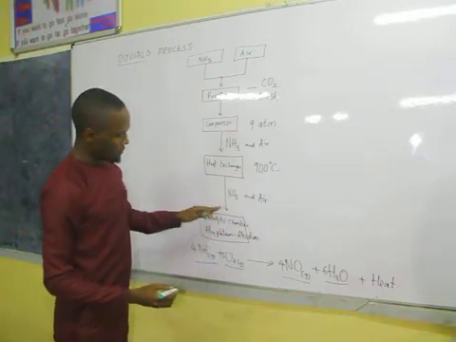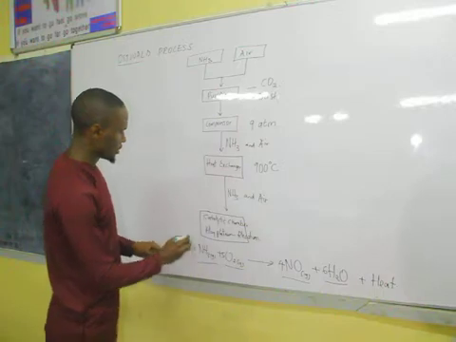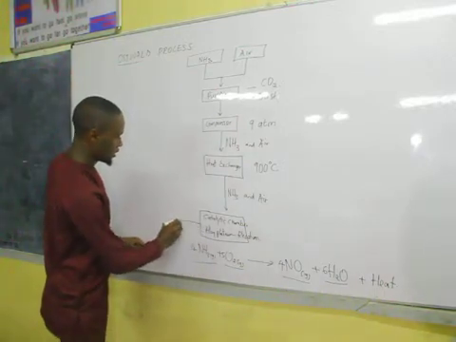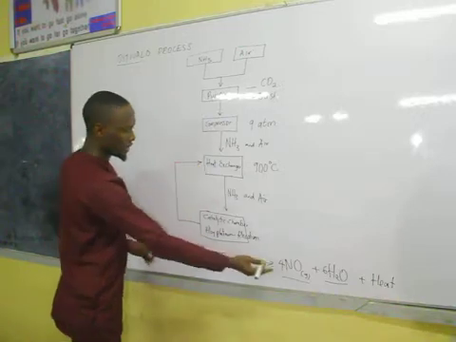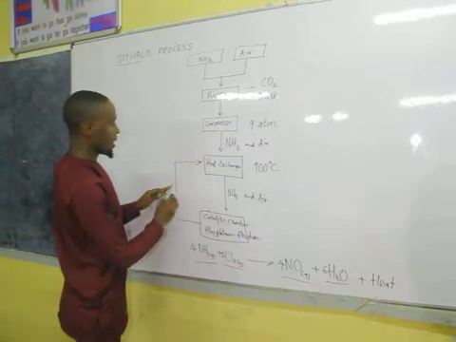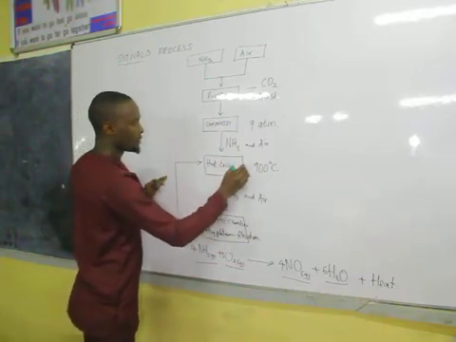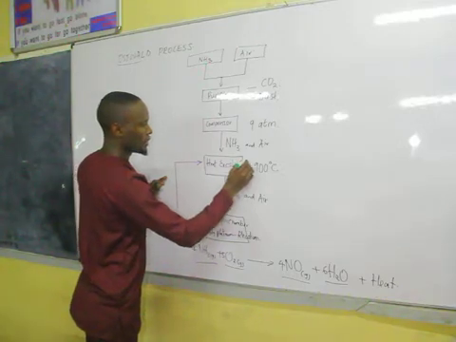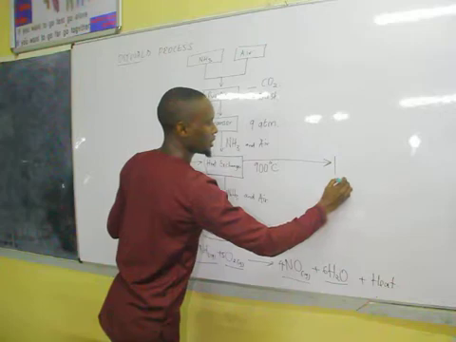But remember, the air supply to this chamber is in large quantities. Therefore, the products, which are nitrogen 2 oxide and excess air, are taken to another chamber, the cooling chamber.